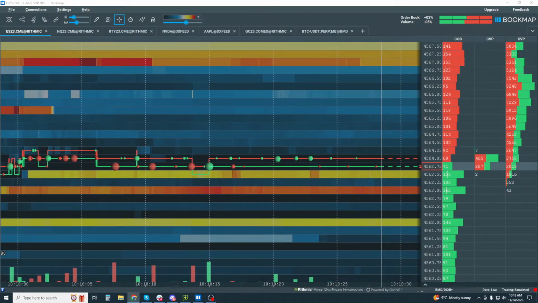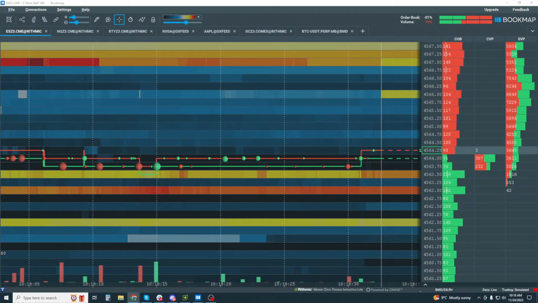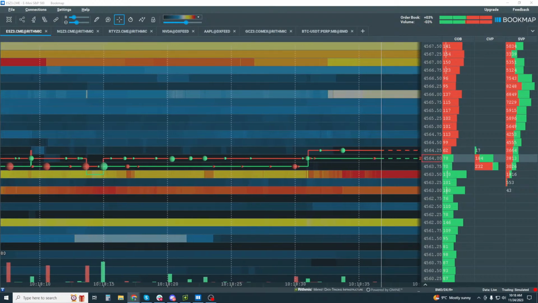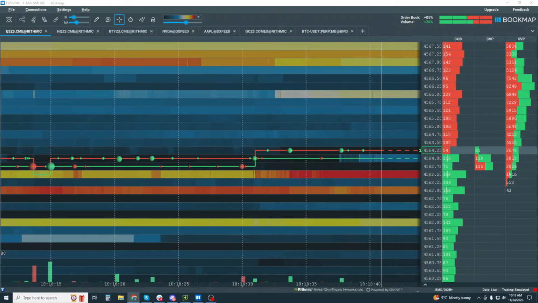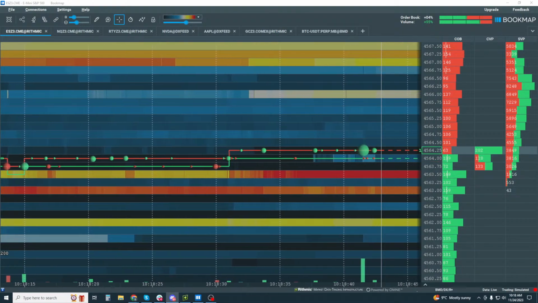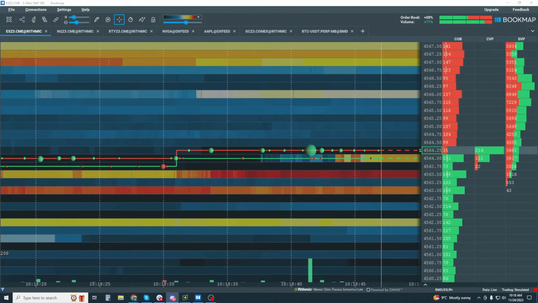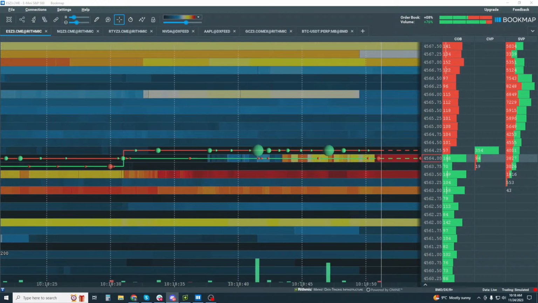Buyers and sellers, right? That's true. But what exactly? How are buyers and sellers participating? Exactly, passive or active. Buy stops, sell stops.